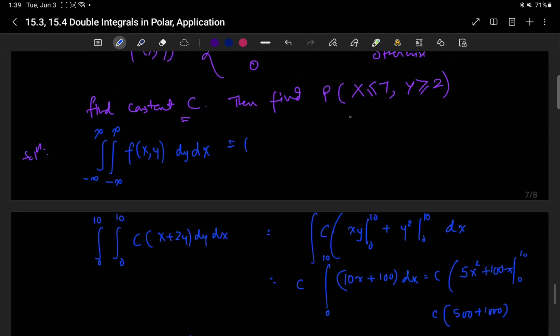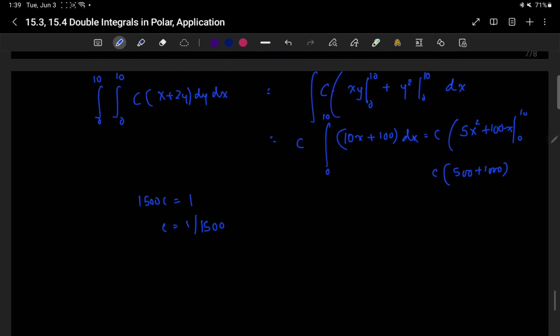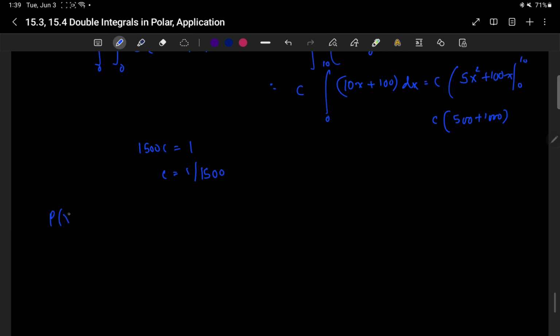Now, to find the probability that x is less than 7 and y is greater than or equal to 2, what does that mean? It would mean you have 1 over 1500 times the integral of x plus 2y dy dx. Y is more than 2, so it goes from 2 to infinity, and x is less than 7, so negative infinity to 7.